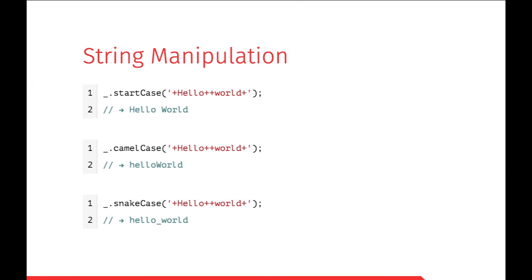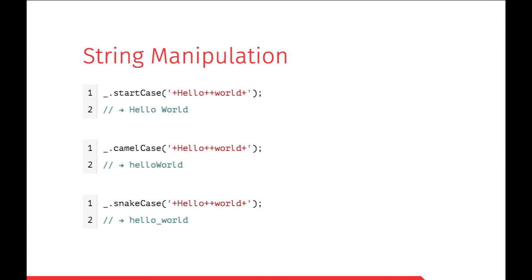And my favorites are string manipulation methods. It's a start case, where non-digit and non-letter characters are stripped and replaced with, as you can see, we have pluses here, and the word world is not capitalized, and we have hello world in the end.